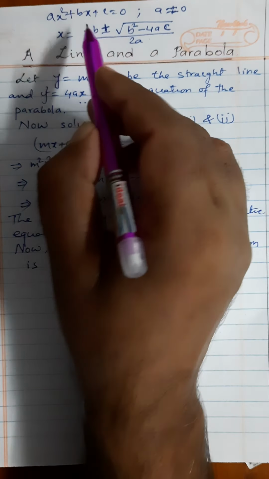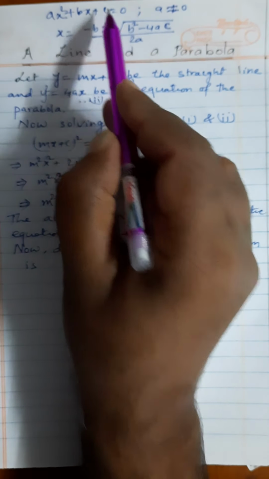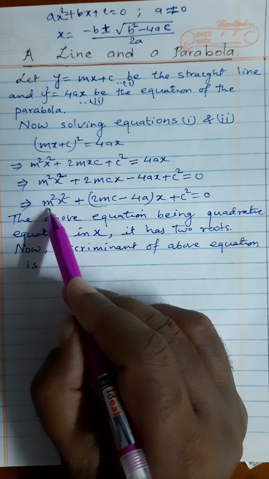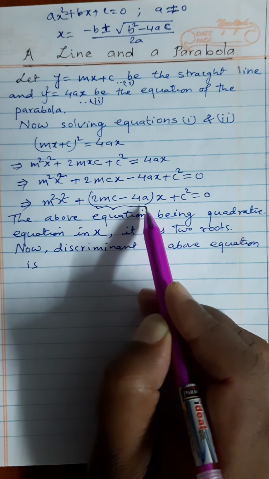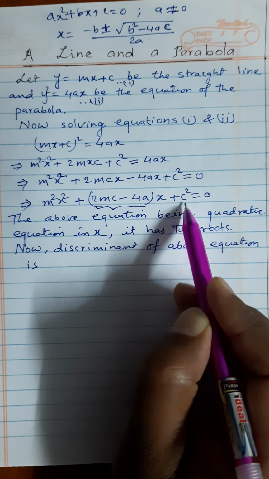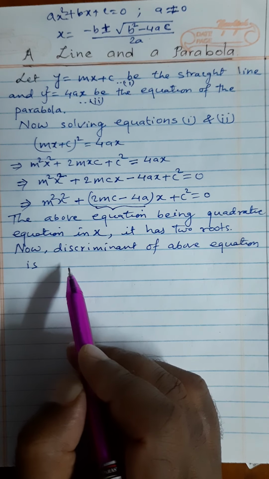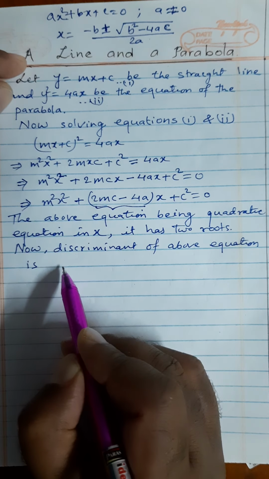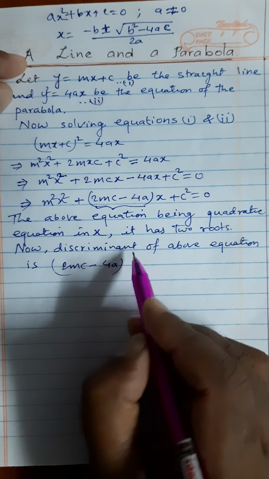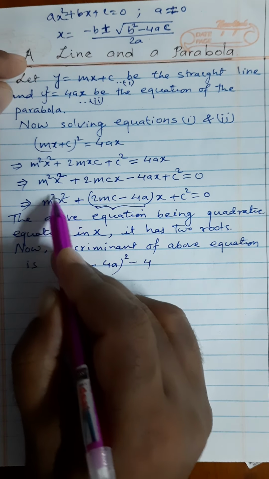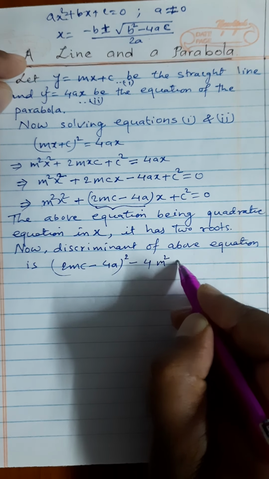Now the discriminant of the above equation is b square minus 4ac. If you compare this equation with ax square plus bx plus c, in place of a we have m square, in place of b we have 2mc minus 4a, and in place of c we have c square. So in place of b we have 2mc minus 4a, whose square, minus 4 times m square times c square.